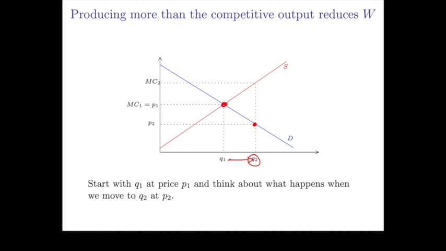What is the cost of producing Q2 units? This is the variable cost. So this is going to be the variable cost. And what is the amount that they're going to receive as revenue? It's going to be this area here.